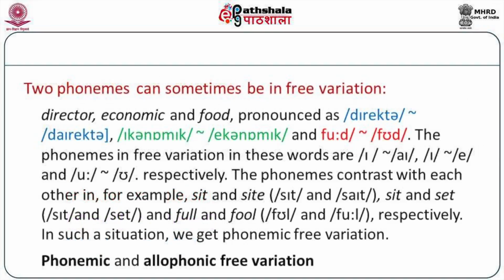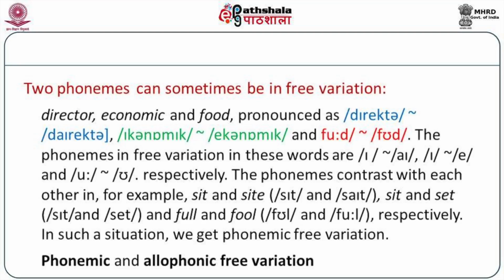Notice that free variation may also be found between phonemes. Thus in English we have words such as you notice, director, economic and food pronounced alternatively as director, economic and food.